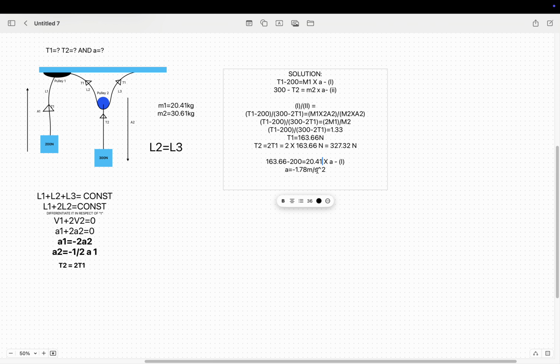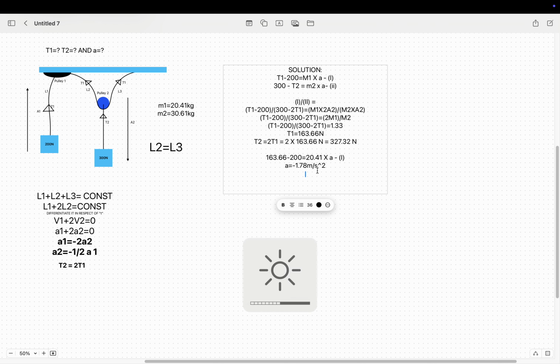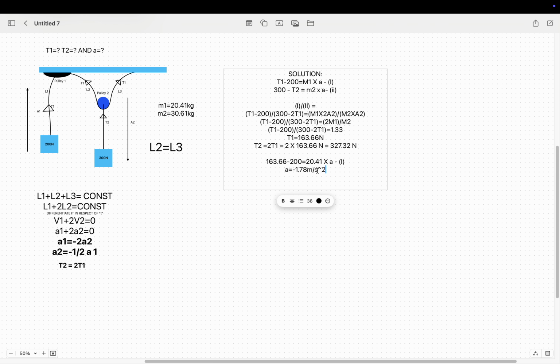So this is the value of acceleration. These are the values of the tension. So these are the answers.